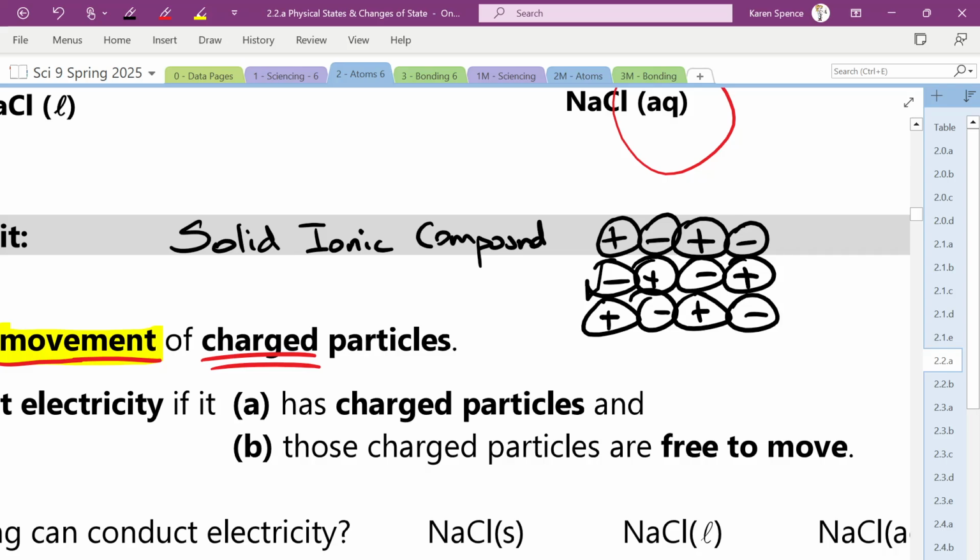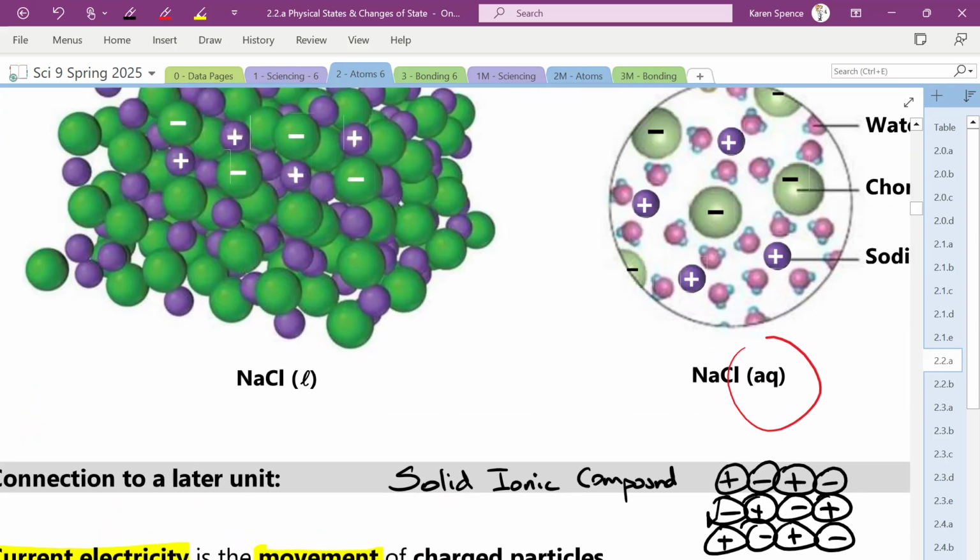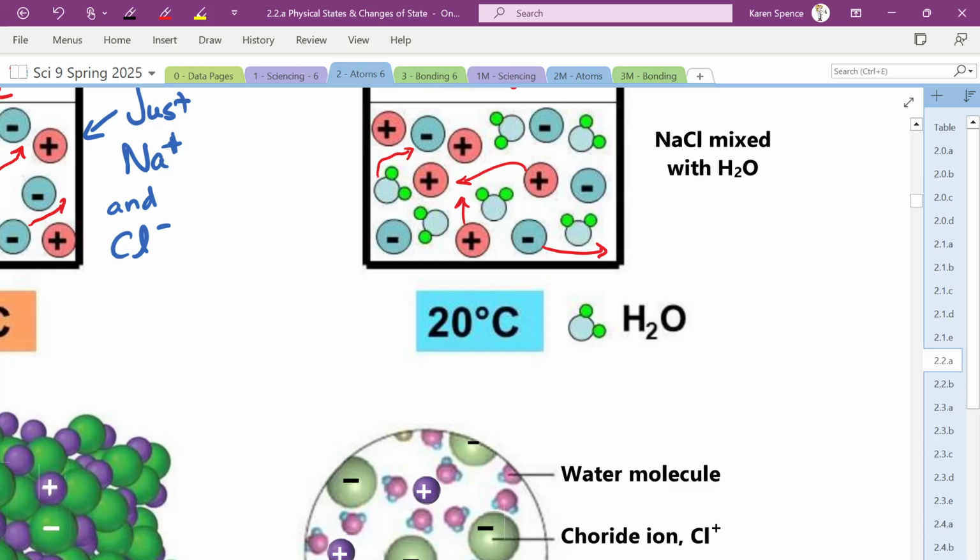No. It's the same thing. It's just been dissolved in water and it's fairly dilute, which is why it's not a darker color. Basically, if we were to take this and dissolve it in water, this is what we would get. Okay. Now, what would we put in brackets here? AQ, aqueous.